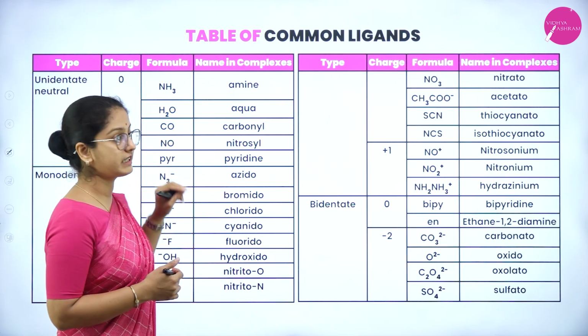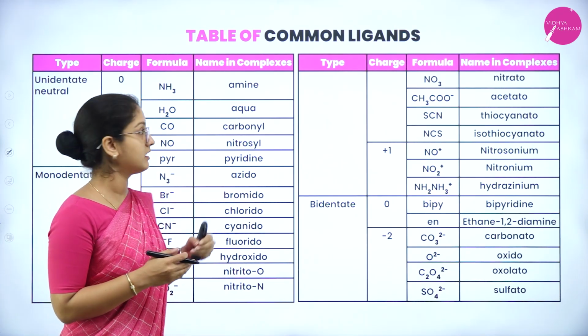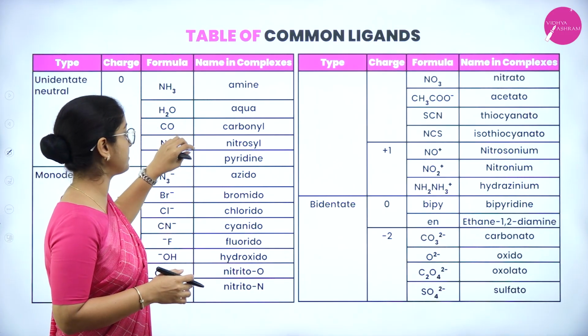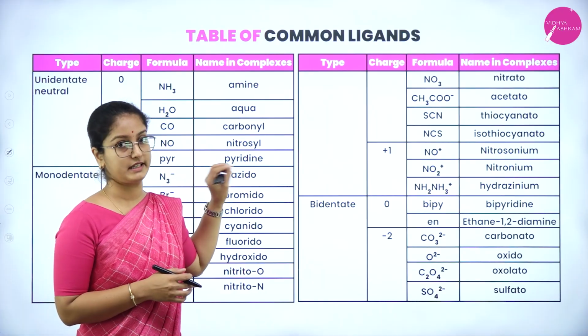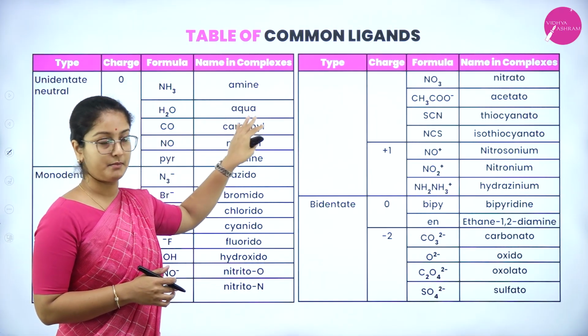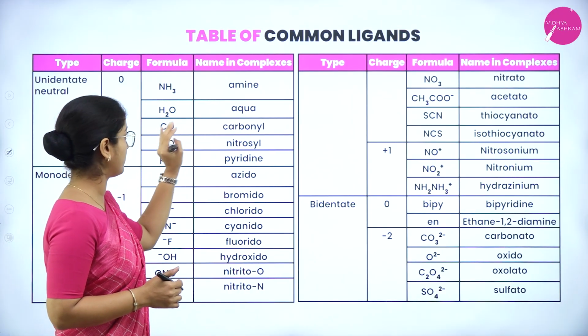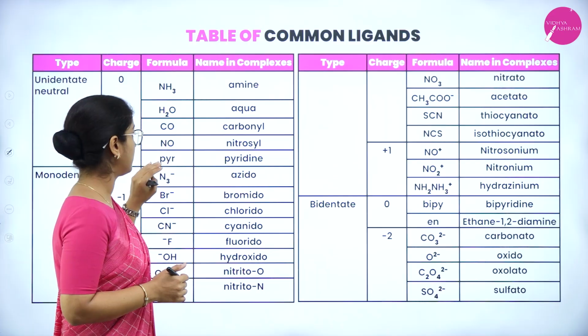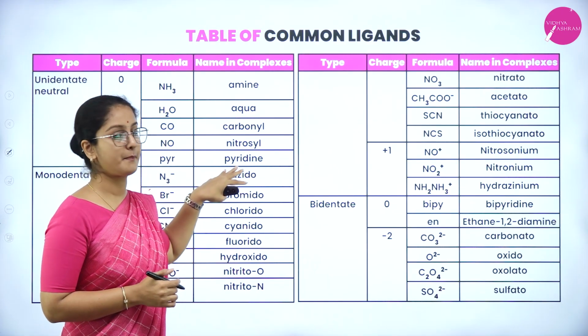For unidentate neutral ligand, the charge is 0 and the formulas based on the ligands are, for example, NH3 is named ammine, H2O aqua, CO is carbonyl, NO nitrosyl, py is pyridine.